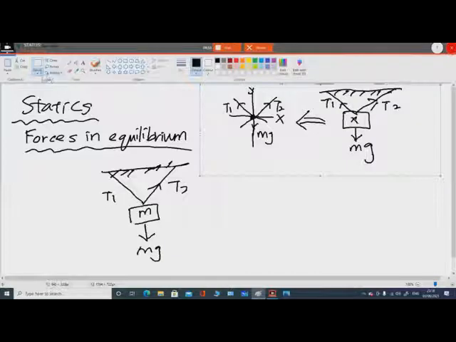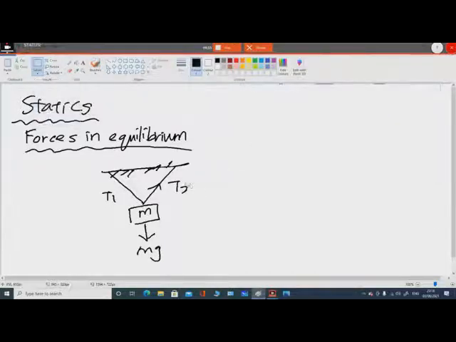Okay, we can see that the object is actually in static condition. Static condition, as we mentioned just now, is where the forces are in equilibrium and the mass is in stationary condition.